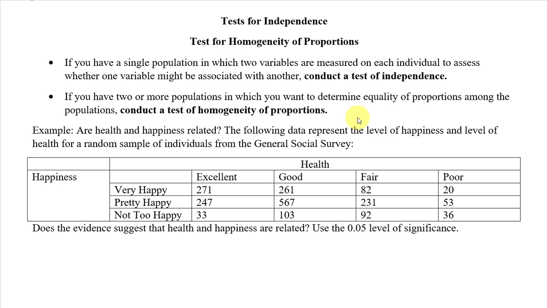And now we introduce an inferential method to determine whether an apparent association between the two categorical variables is statistically significant or not. So if you have a single population in which the two variables are measured on each individual to assess whether one variable might be associated with another, we conduct a test of independence.